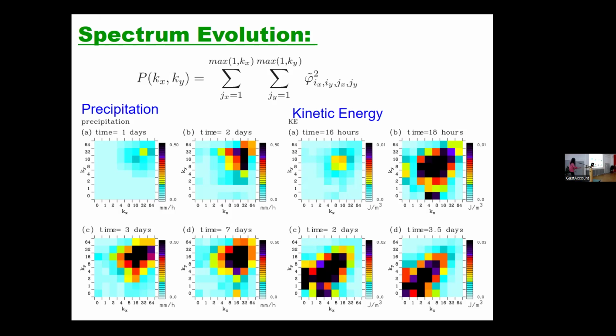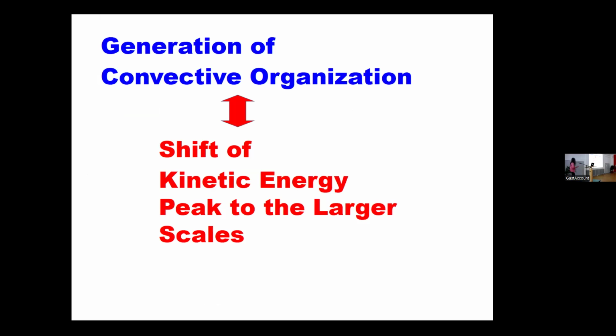So we see the evolution of kinetic energy organized into larger scales with time. So the question is how this happens. So here I switch the question of convective organization into how kinetic energy shifts to larger scales with time, and try to answer this question.